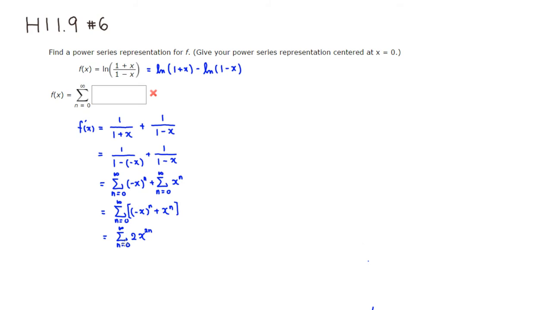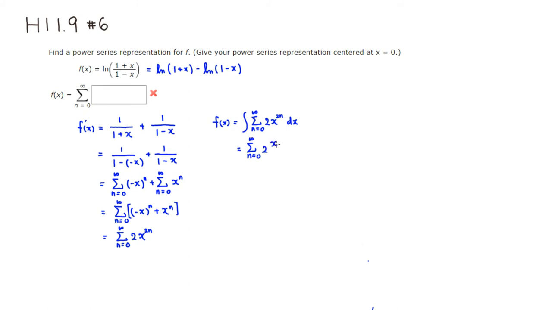Then if you want to find the original function f, all you have to do is take the antiderivative of that power series. So the antiderivative of the summation, n goes from 0 to infinity, of 2 x to the 2n with respect to x, is equal to, you still have a summation sign, n goes from 0 to infinity, and the antiderivative is just the power rule.